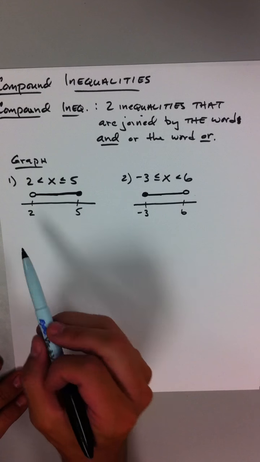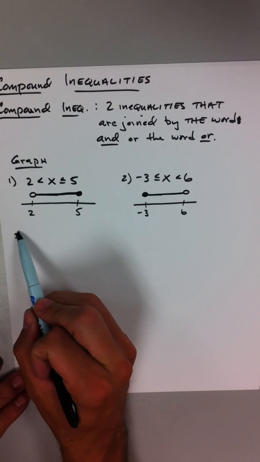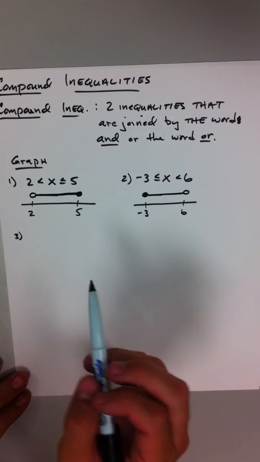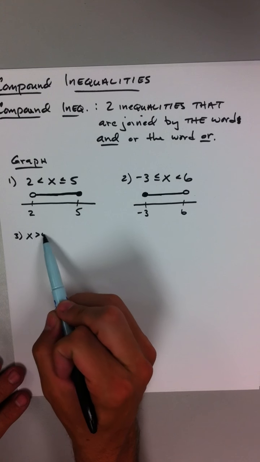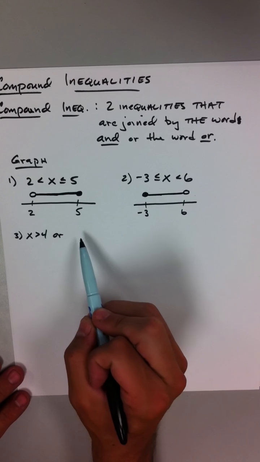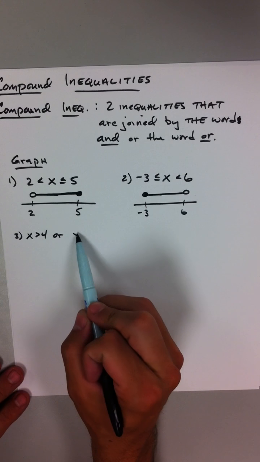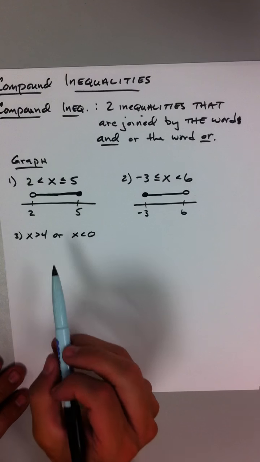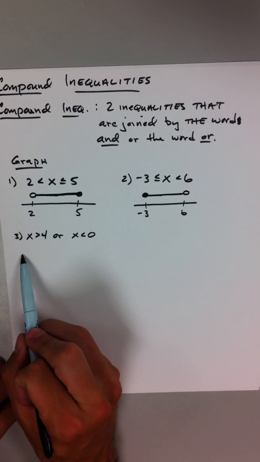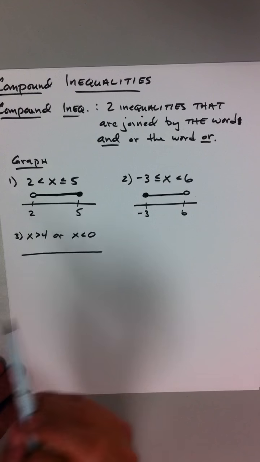Now they're not all like that. Sometimes we have or statements. Now how do I know the difference between an or statement and an and statement? Well, an or statement actually says the word or. X is greater than 4 or x is less than 0. The way I would write this is you just treat them separately.